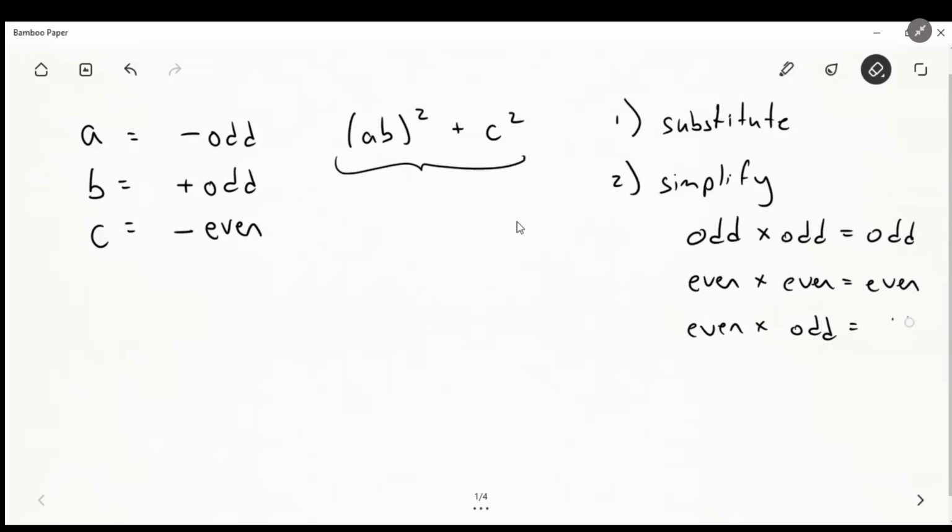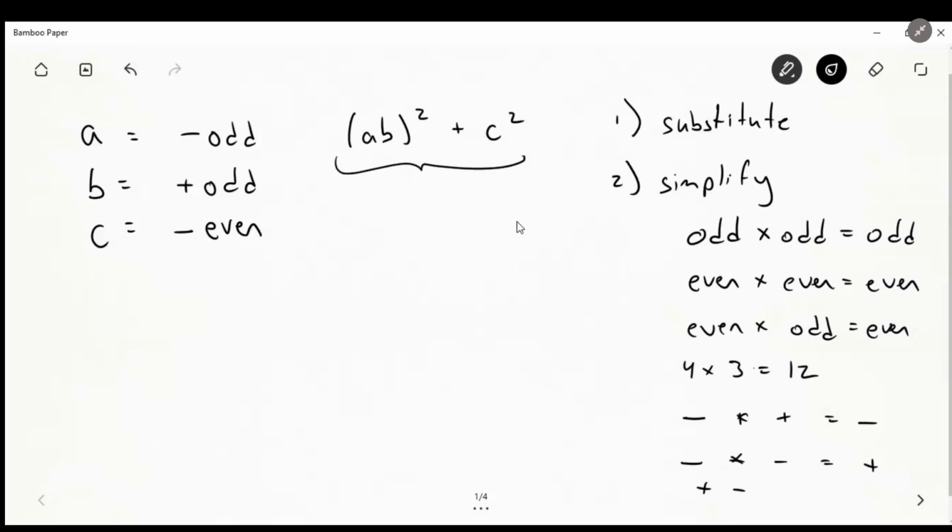And we know that because if you have something like 4 times 3, even times odd, that is 12, which is even. And we also know, of course, that negative times a positive is a negative. Negative times negative is a positive. And a positive times a positive is a positive.